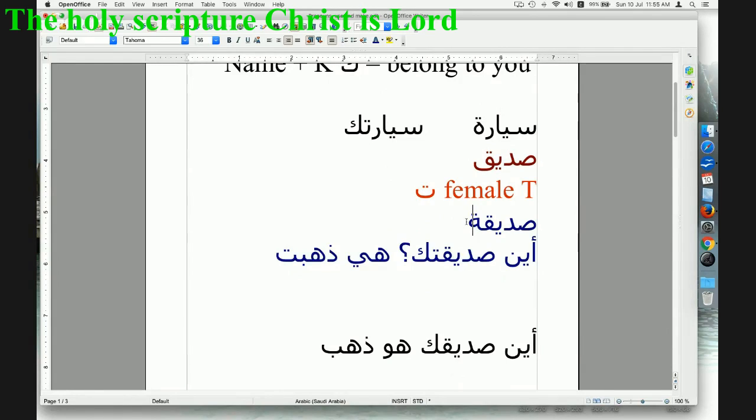If there's no T, that's about a male. When you see the T, that will confirm to you most likely that this is a female. So Sadiq will turn into Sadiqa.